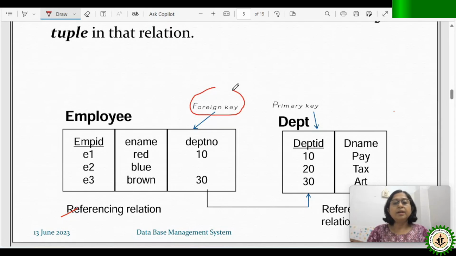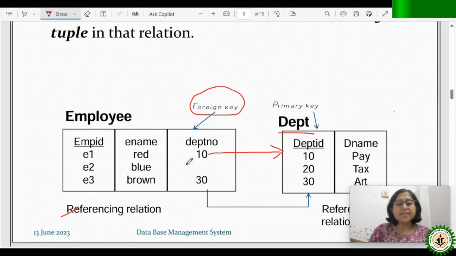What is it? It is foreign key. So when we are seeing this foreign key and check the relationship between these two tables, you can very well say that this department number of employee table is pointing to, that means referencing, the department ID of department table.